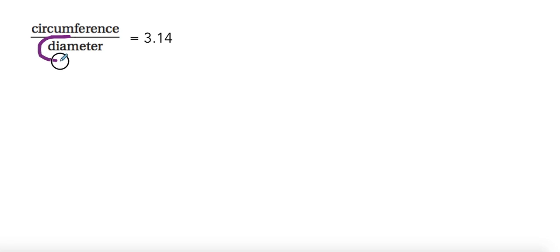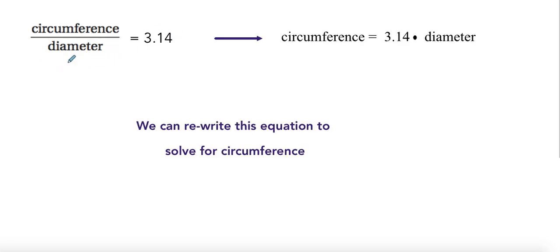I'll give you a hint. We can rewrite this equation to solve for circumference. Circumference equals 3.14 times our diameter.